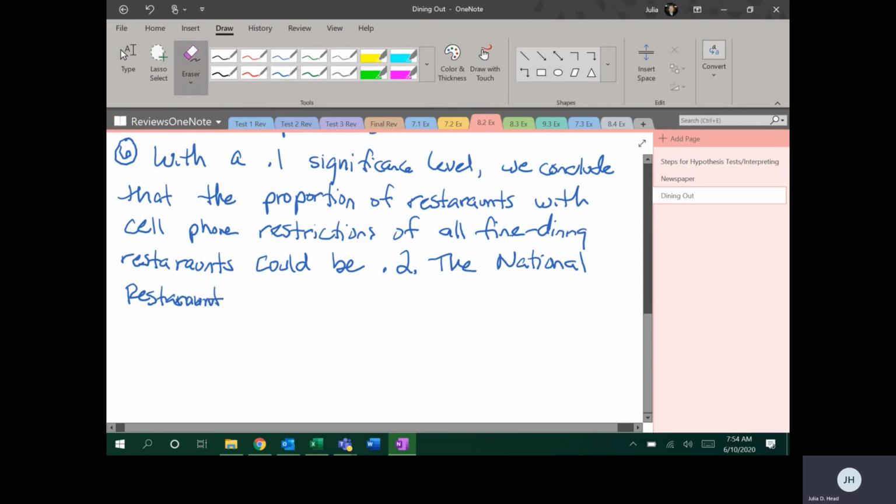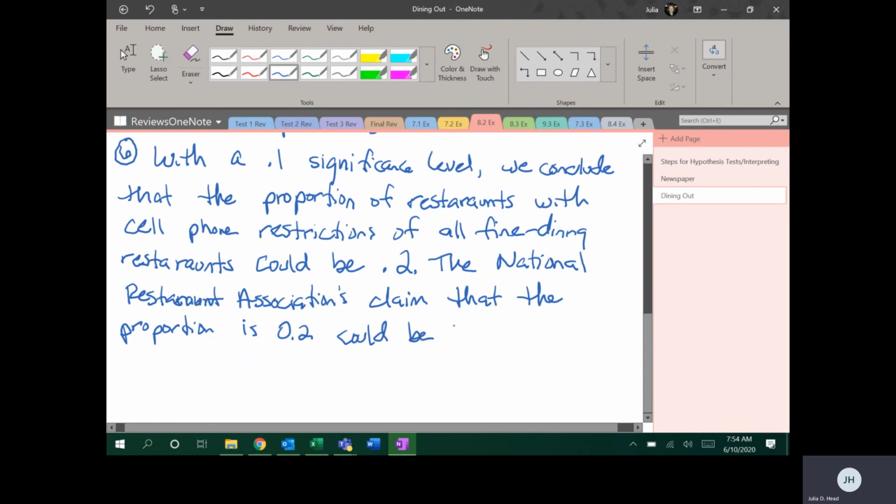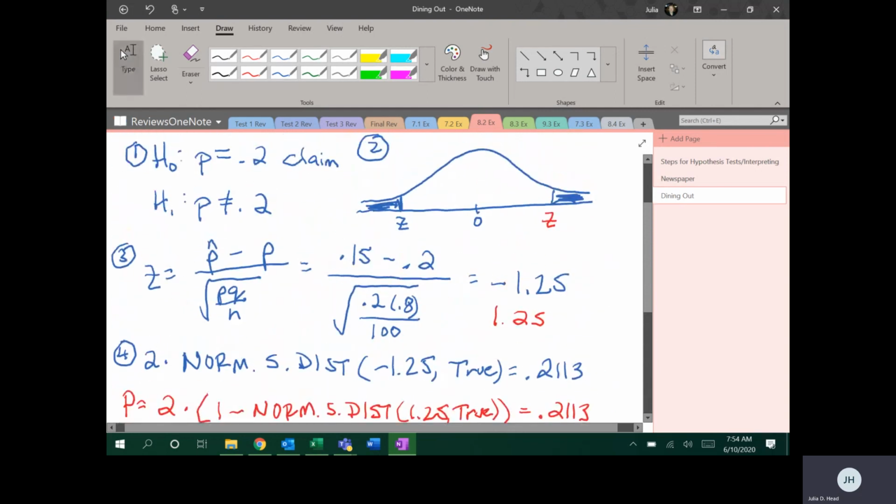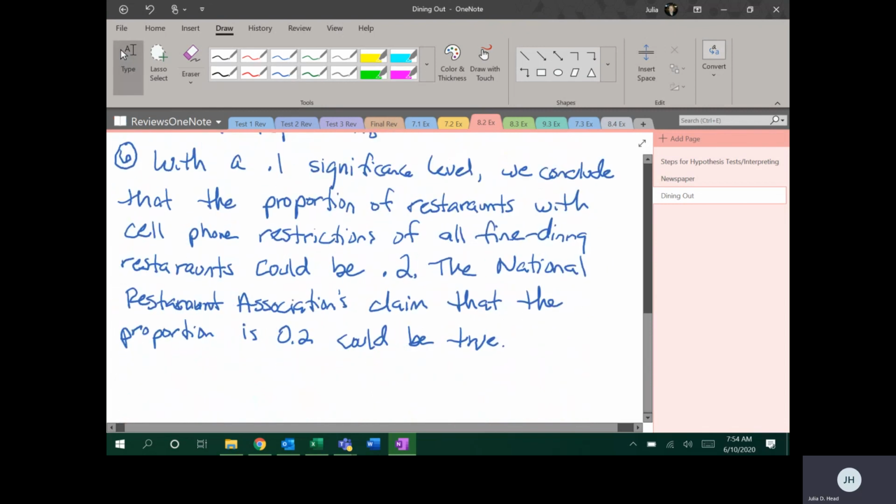Oops, no apostrophe S. And because the claim was the null, and because we failed to reject the null, we say that the claim could be true.